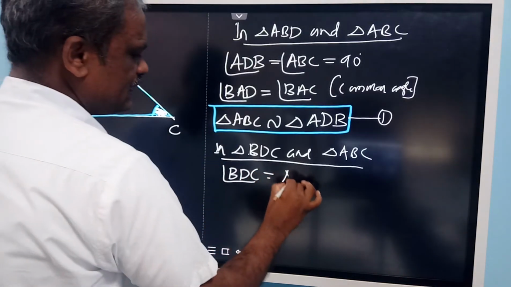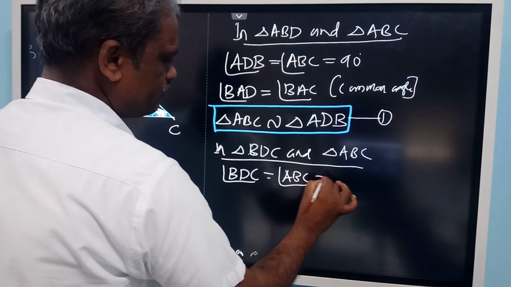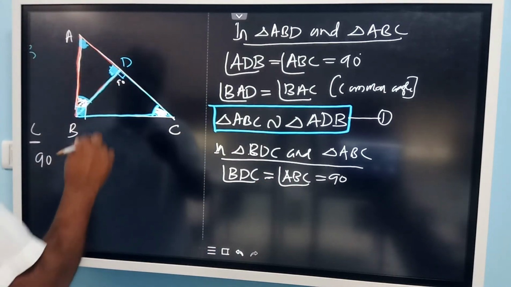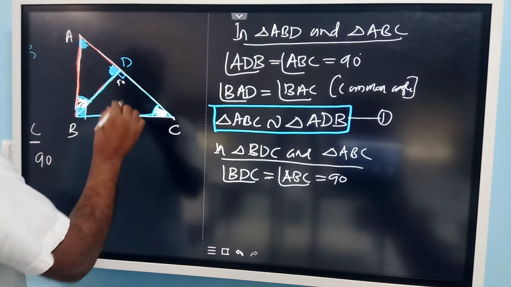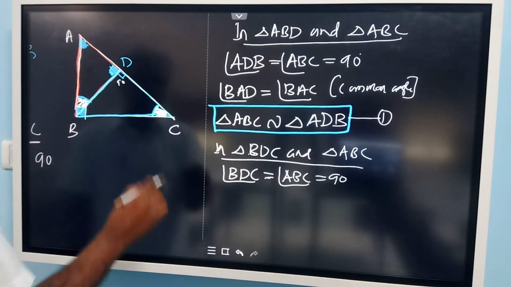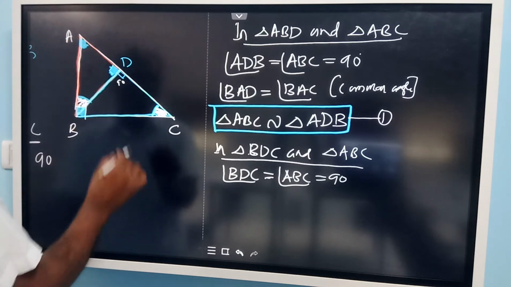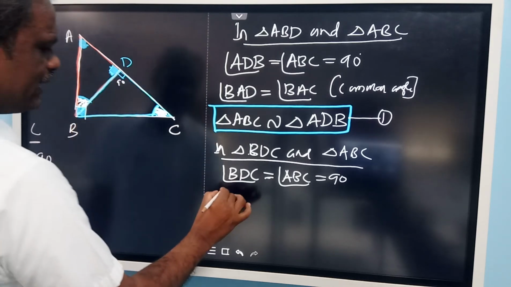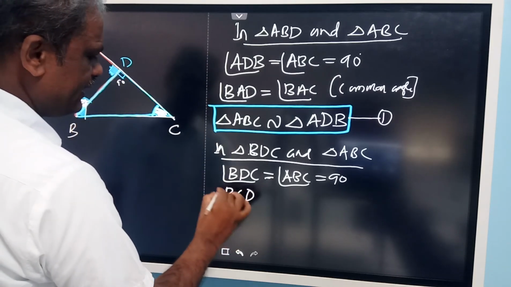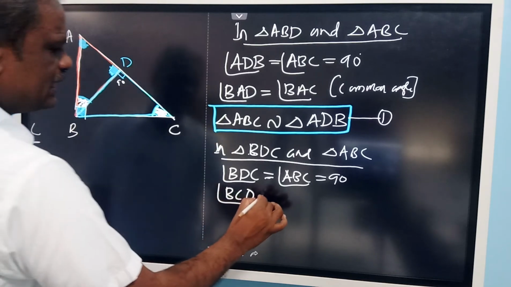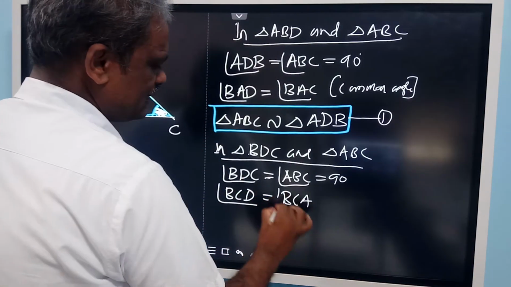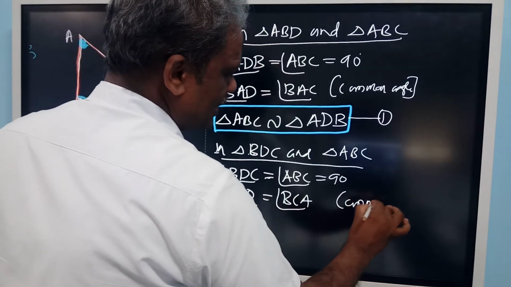In triangle ABC, angle ABC is 90 degrees. Now another angle which is the same in both triangles: angle C is common. In the small triangle, angle BCD is the same as angle BCA. So you can call this the common angle.